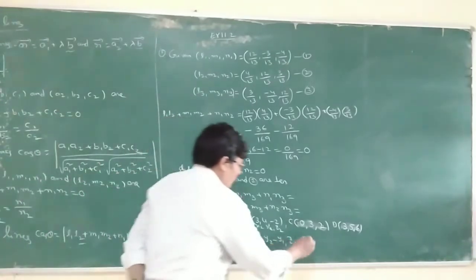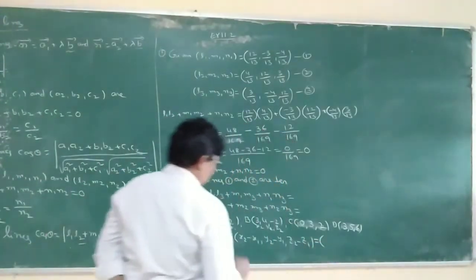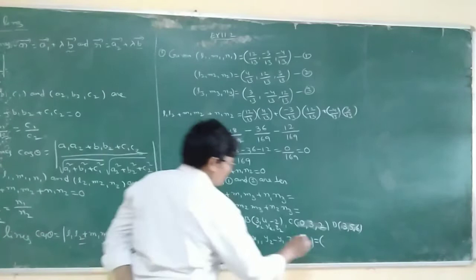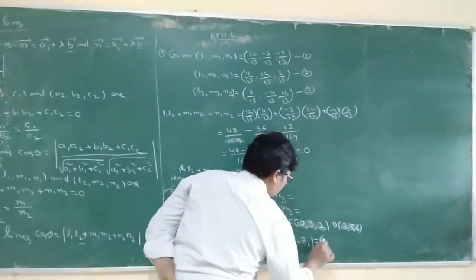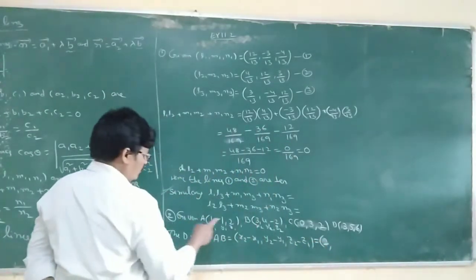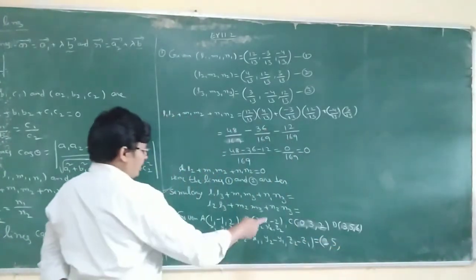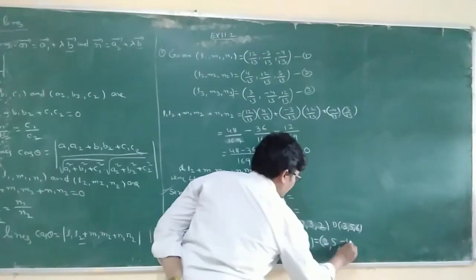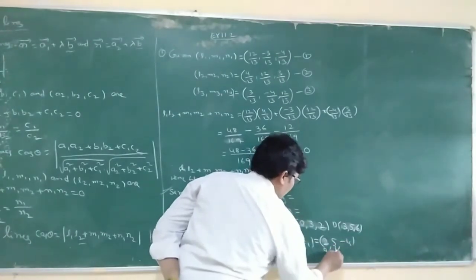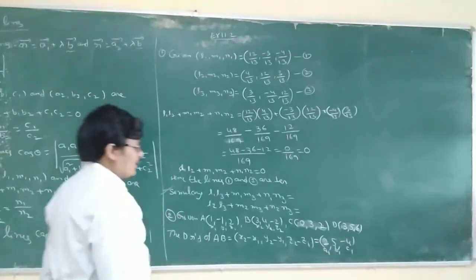So the formula: for AB, x2 minus x1, 3 minus 1 is equal to 2, 4 minus of minus 1 is 5, minus 2 minus 2 is minus 4. This is A1, B1, C1.